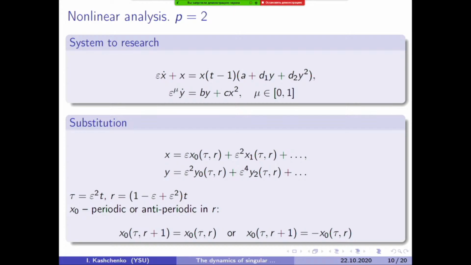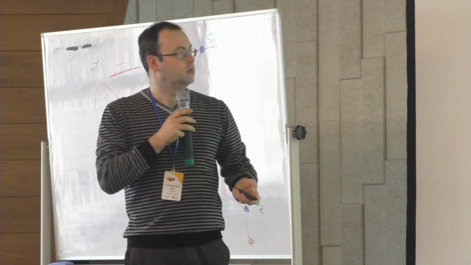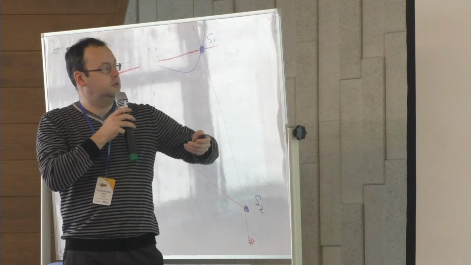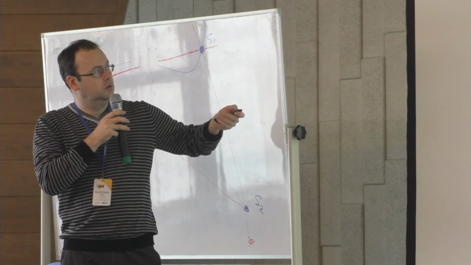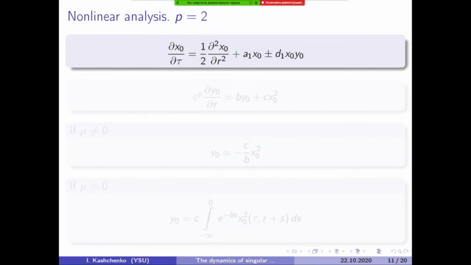And if we do this substitution in our system and do all the needed steps, we come to the following results. The first equation is rewritten in this form. Look, this is a parabolic equation with partial derivatives. And here we have y0 in the right-hand side in the nonlinearity.